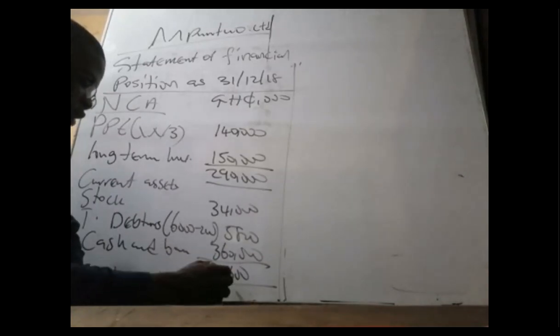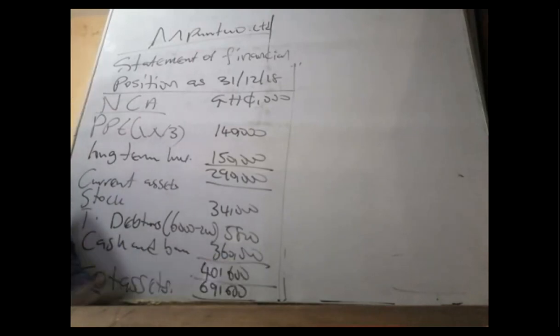Okay, so 401,600, and we add these two together. Get 691,600. We double underline it.